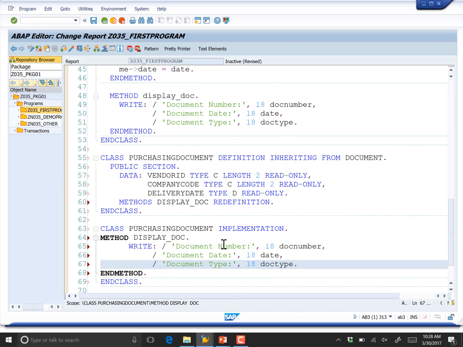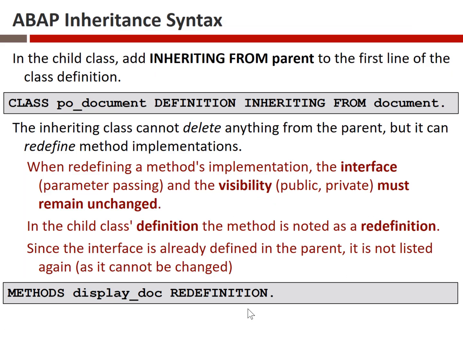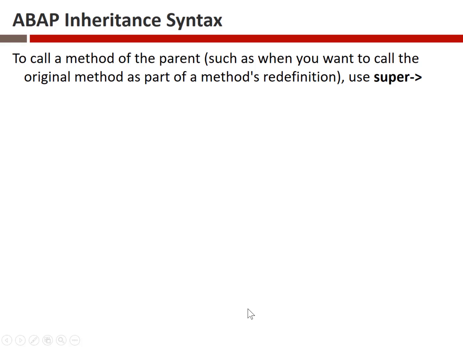So if you think about it, what I want to do here is when this method gets called, I want to run this display doc method and then add new stuff to it. So how do I do that? The way we do this in ABAP is very similar to other programming languages.